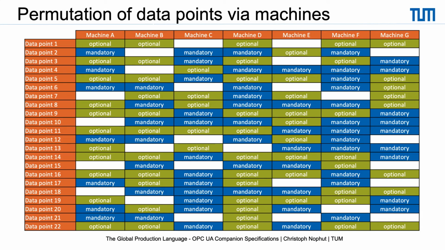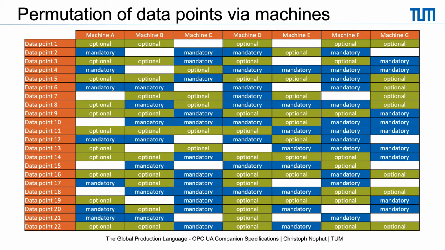So in other words, we have a permutation table behind those trees, and that's different compared to other companion specifications hosted by the OPC Foundation, because if we would like to describe every single machine class, we would have to write around 150 different companion specifications.